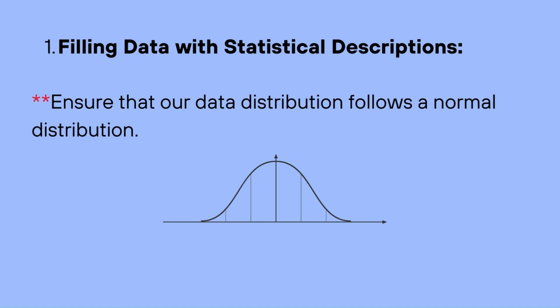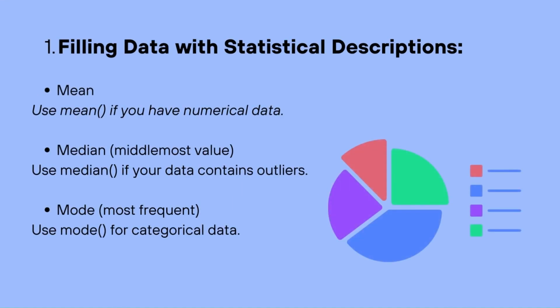We mean replacing null values by the mean of a certain feature or column, the mode, or the median. And how do we know which statistical description to use? Well, you can use the mean if you have numerical data, use the median instead of the mean if you have data that contains outliers, and use the mode in case you're handling categorical data.